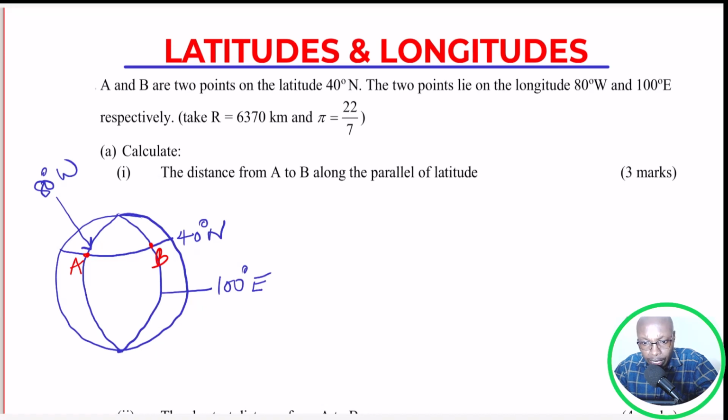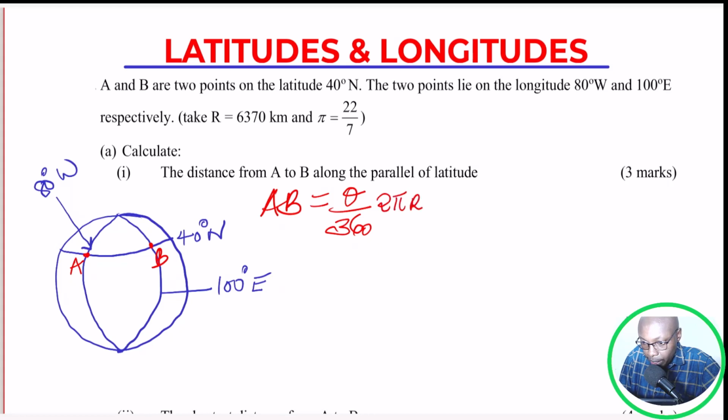So how do we get distance in kilometers along the small circle or the parallel of latitude? This is the formula. Distance AB would be given by theta over 360 multiplied by 2 pi r cosine of alpha.